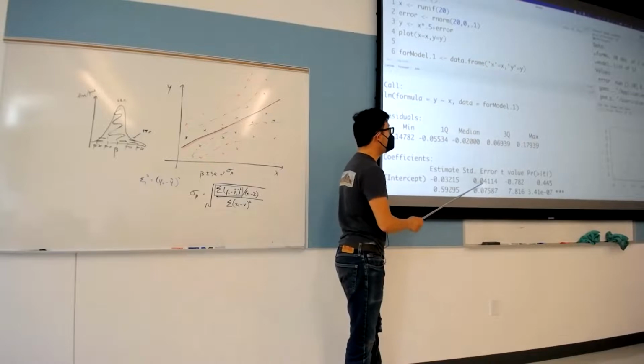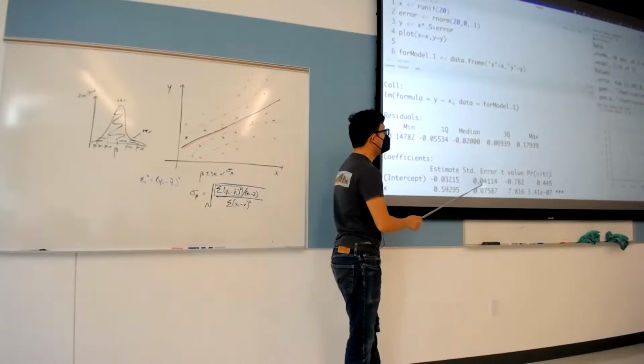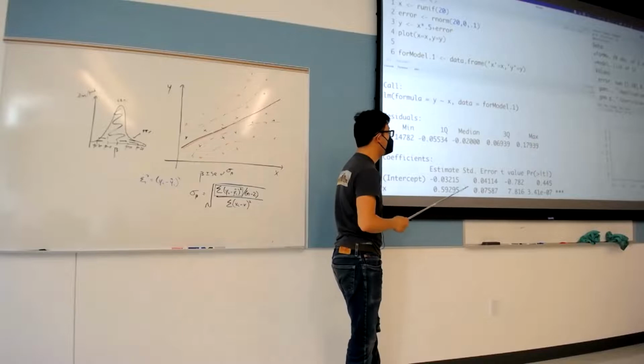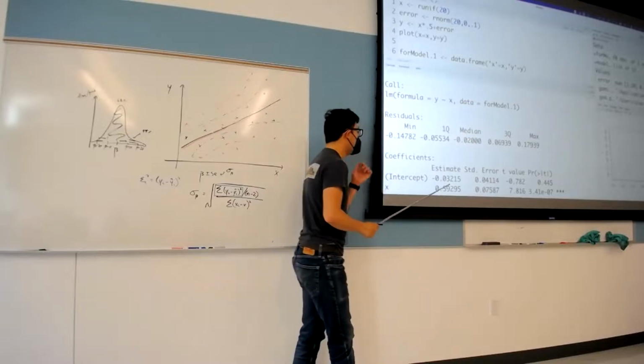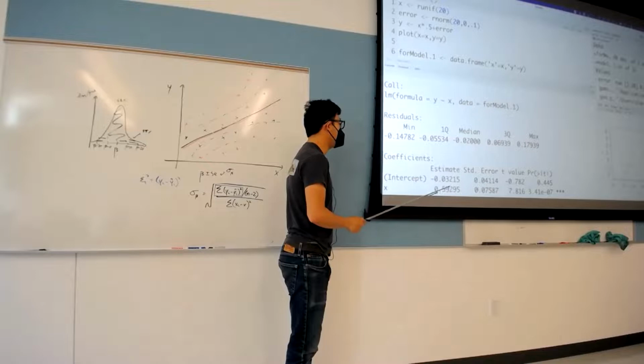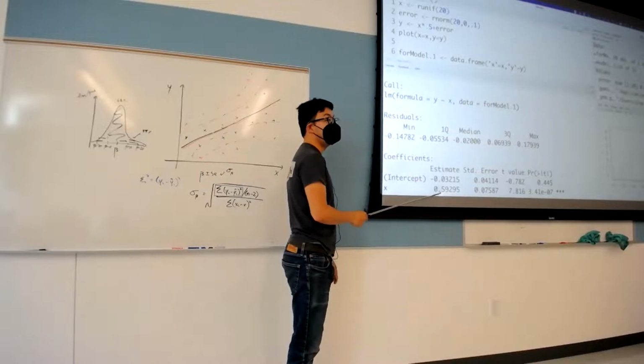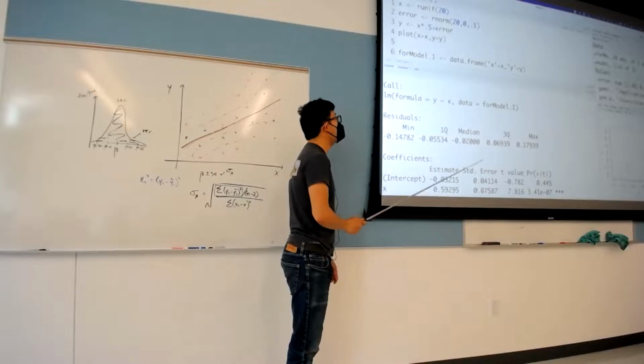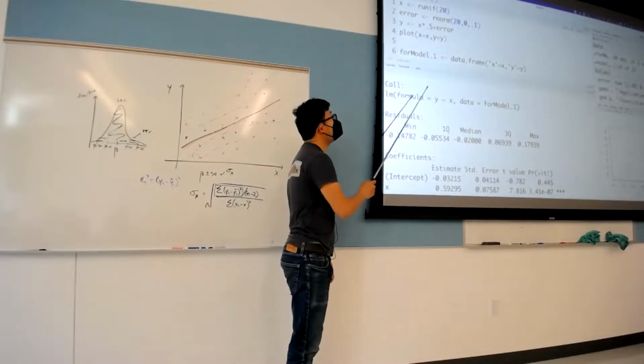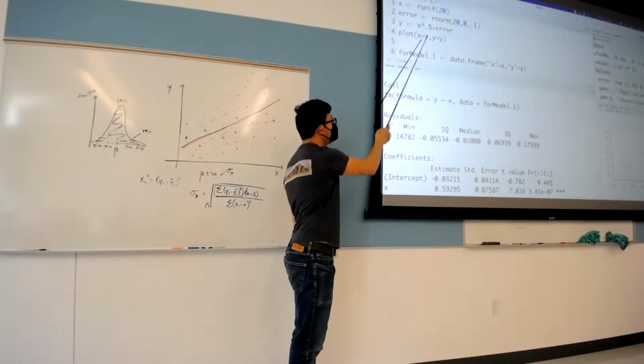So a little less than half the time, this would be 0. We have an estimate of 0.59 for our coefficient here, and we know that the true value is 0.5.